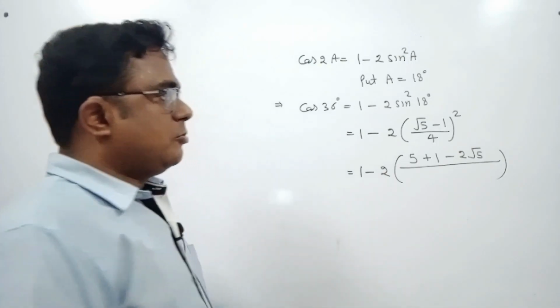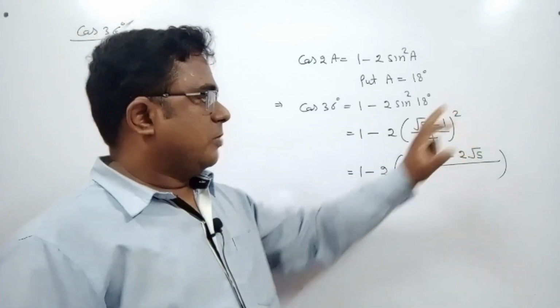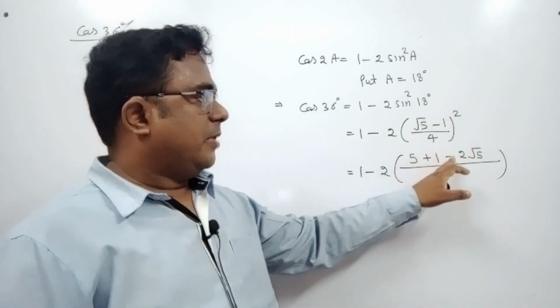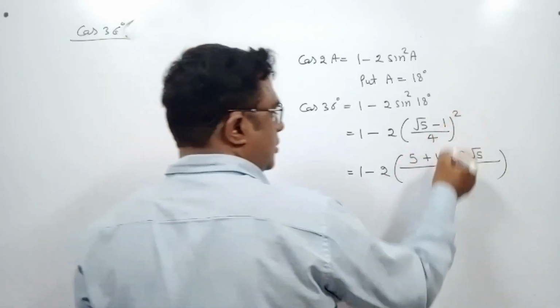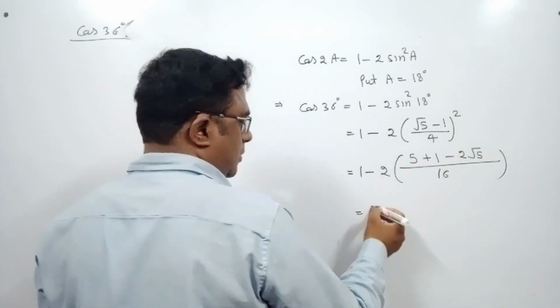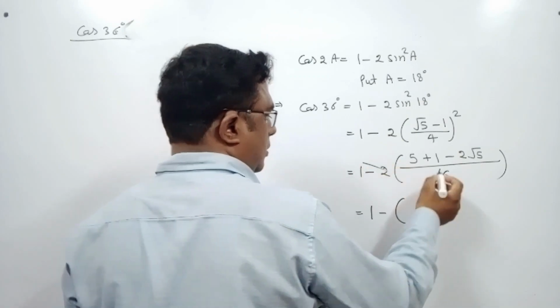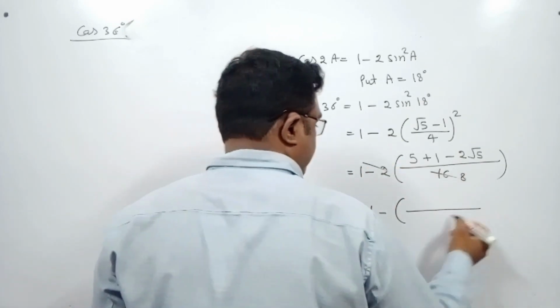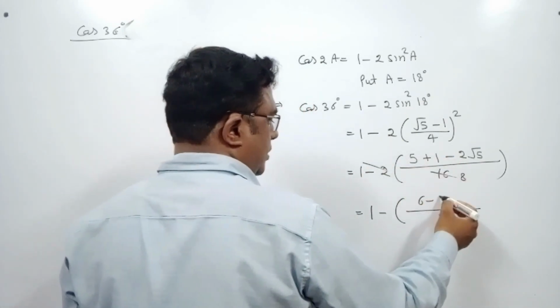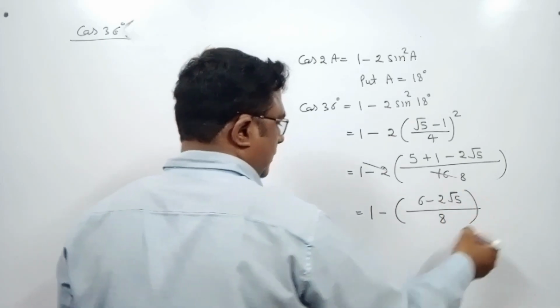Which formula have I used? a minus b whole square is equal to a square plus b square minus 2ab, and 4 square is 16. So 1 minus, by this 2 you can cut 16 eight times, it is 6 minus 2 root 5 upon 8.